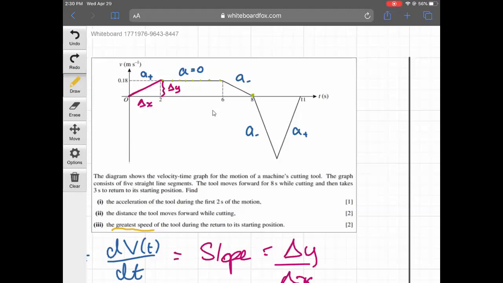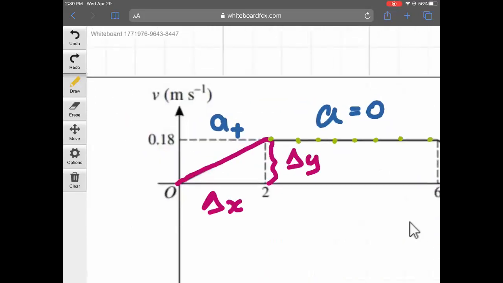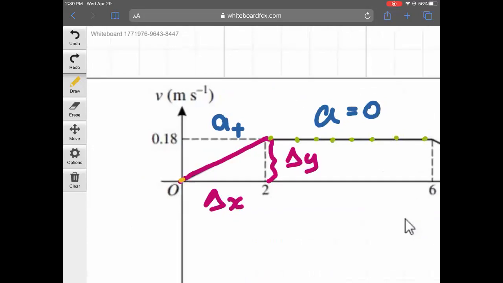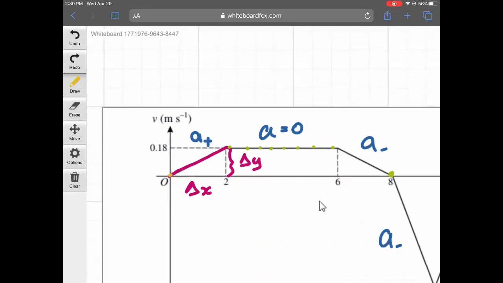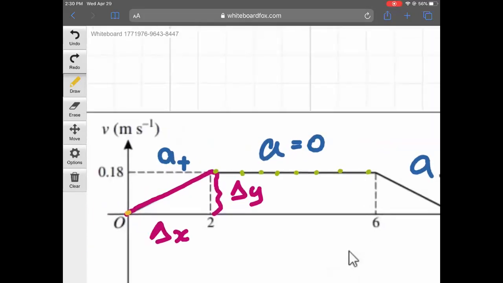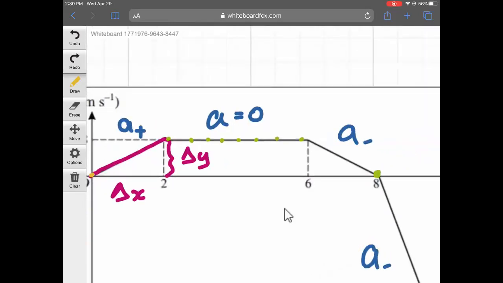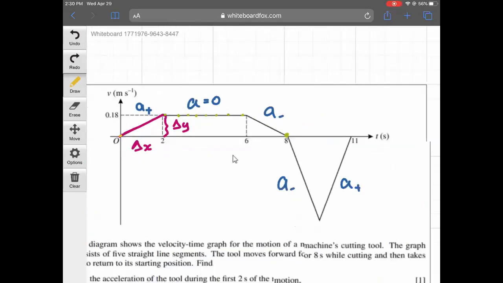If we think about what the graph is, it's velocity going up the side, right? So at the start, it has 0 velocity. So that's obviously not going to be the greatest speed if it's not got any velocity, and then it increases to a maximum of 0.18. So that would be the maximum speed for the first 8 seconds of the journey, 0.18.